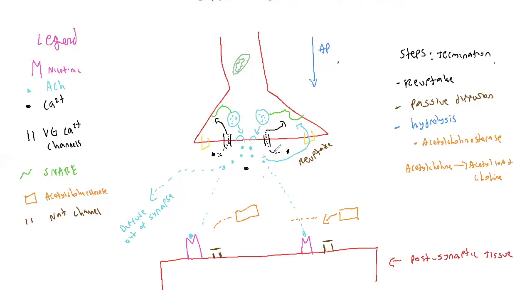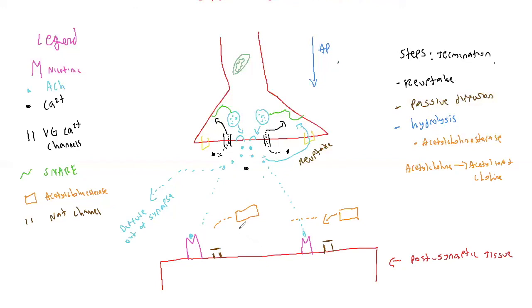When they open, calcium is going to diffuse in, and it's going to activate the snare proteins, and the snare proteins are going to trigger exocytosis of the neurotransmitter-containing vesicles. This will release the neurotransmitter into the cleft. It's going to rain down via passive diffusion to the receptors, and it's going to depolarize the muscle tissue.